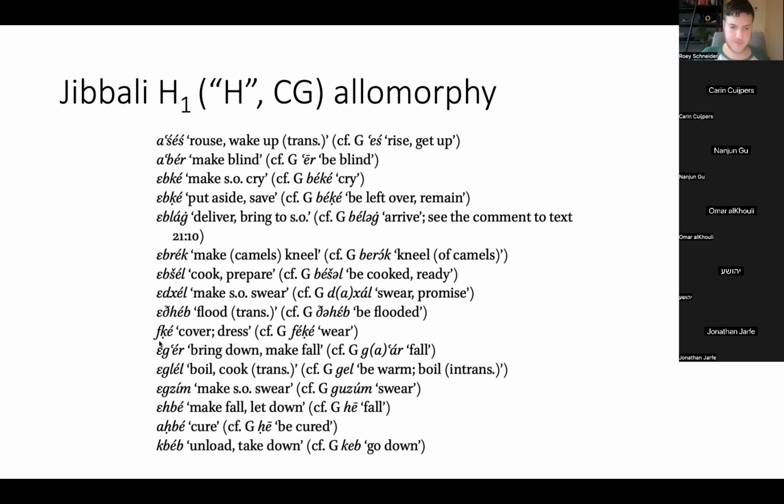And again, we see ke because F is voiceless and non-emphatic, and k is emphatic. And when the third radical is nasal, then the vowel is heightened, raised to E, and so forth.